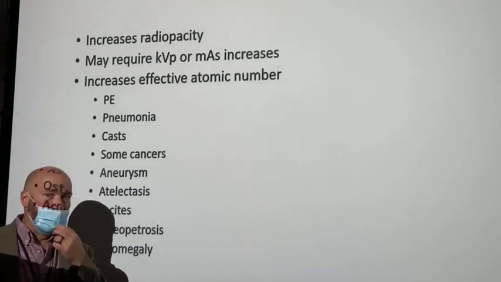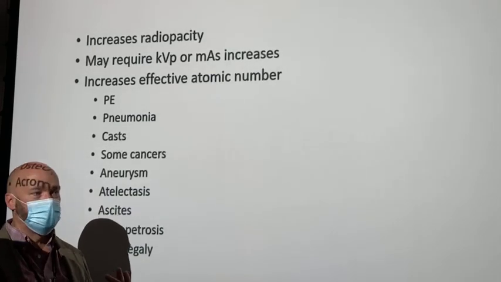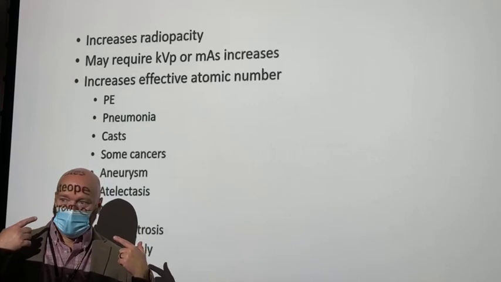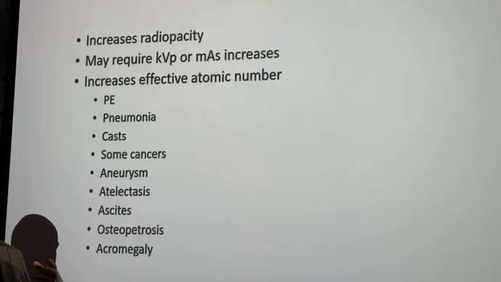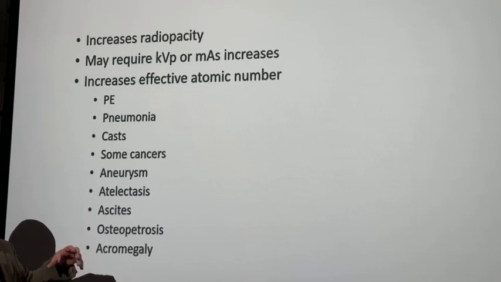But if it happens afterwards, remember you got two areas of ossification. You got primary centers, which are like the diaphysis of the bone, and then you got secondary, which are at the epiphyseal plates. So if it's after the patient's growth plates heal up, then what they get is an increase in bulk, right?